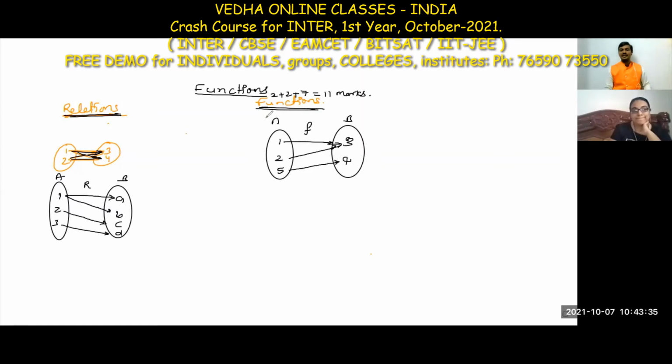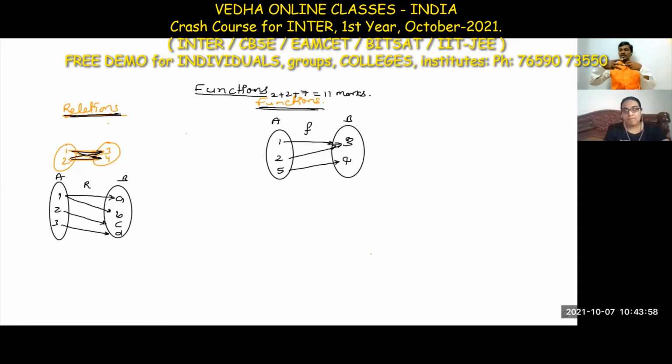We already discussed the left hand and right hand. If we keep the fingers like this, the left hand means one element showing two images. One element, two images is not a function, just a relation. If we take the right hand, two elements have one image, no problem.